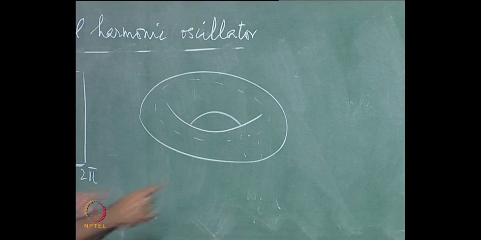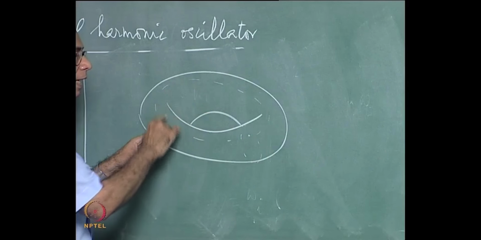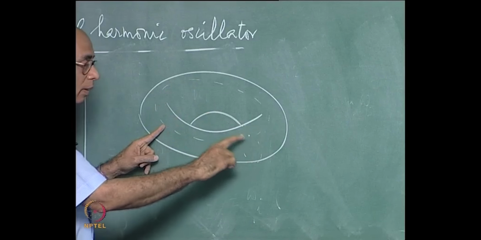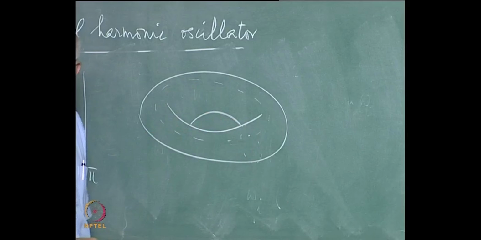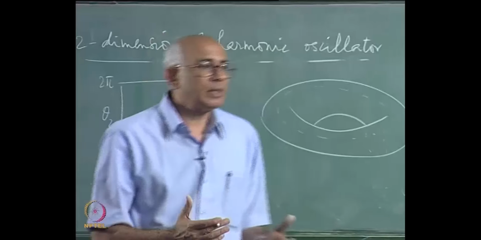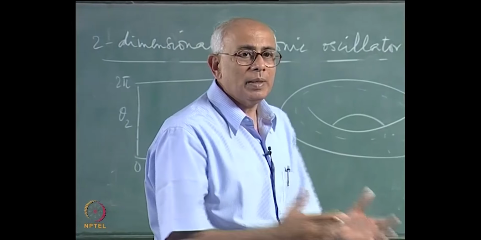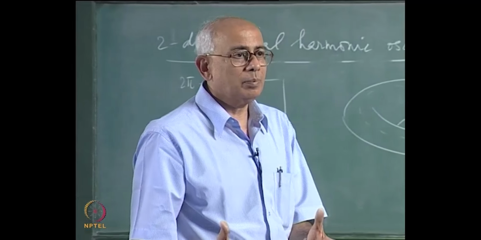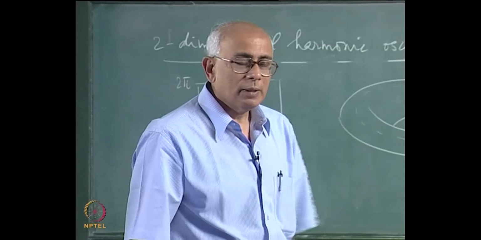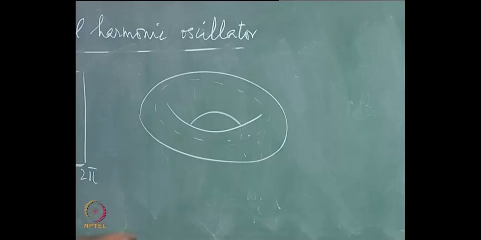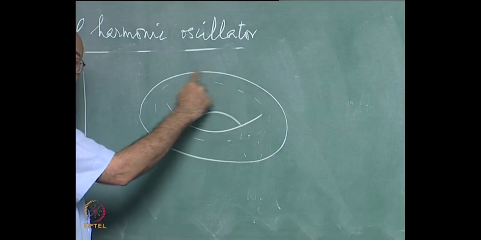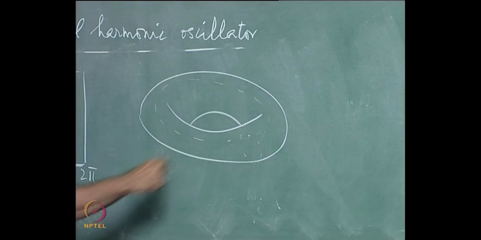More generally, k times this period plus L times the other period, that they should be commensurate with each other. K times one period should be L times the other period. In other words, the frequency ratio should be rational. In that case, this representative point which wanders on the surface of this torus returns to its original point and the motion is periodic.